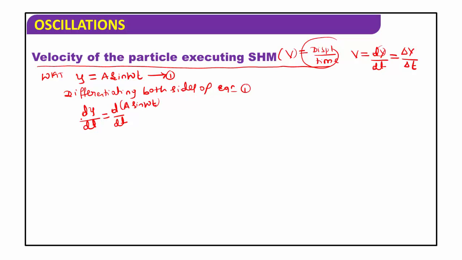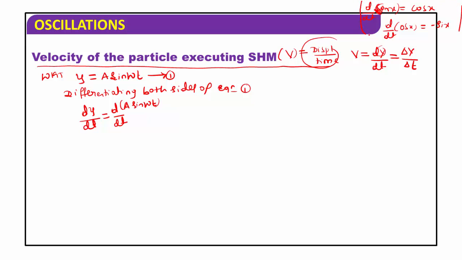Here you know another formula: the differentiation of sin x is equal to cos x, but the differentiation of cos x is equal to minus sin x. You must remember these two formulas.